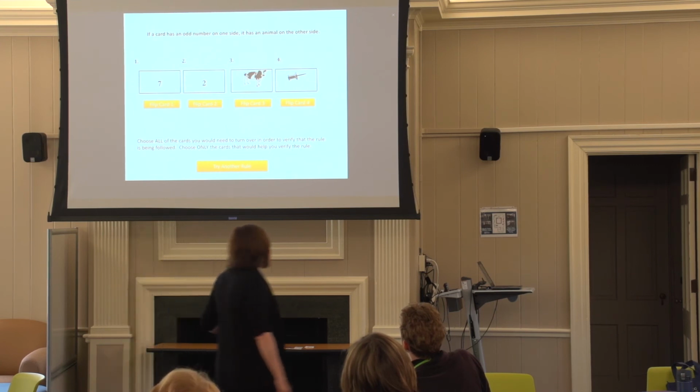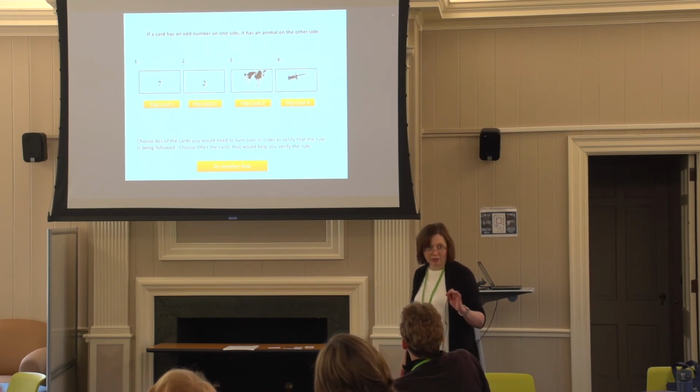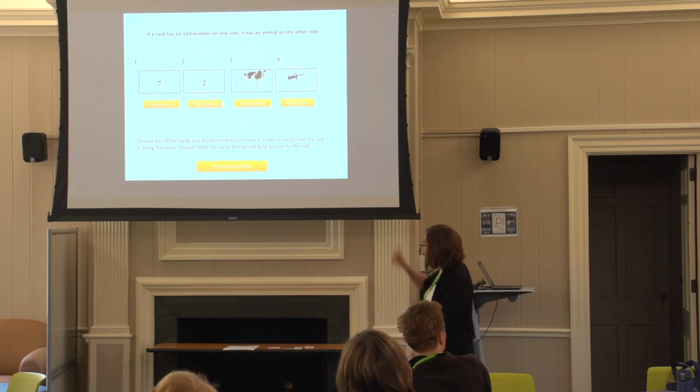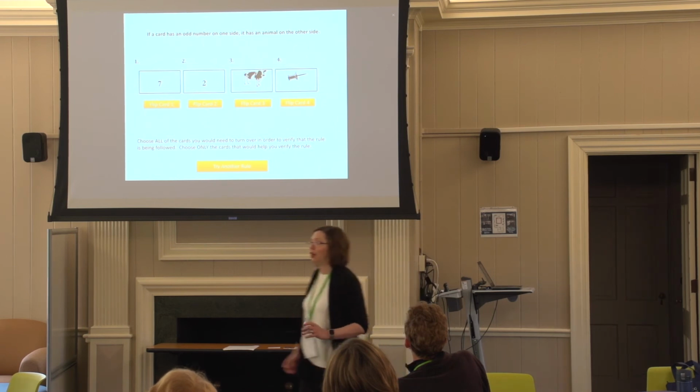And all you can do is flip the cards. Now, the catch here is you can't just flip all the cards and look at it. You have to say, all right, which cards would be helpful and which cards would not be helpful in verifying this rule. All right, so if this rule is being followed or not.